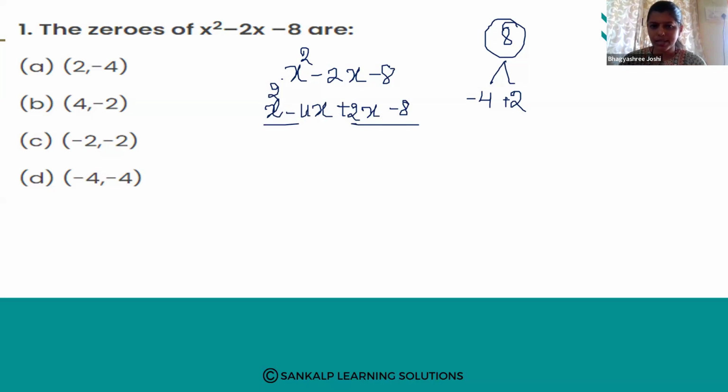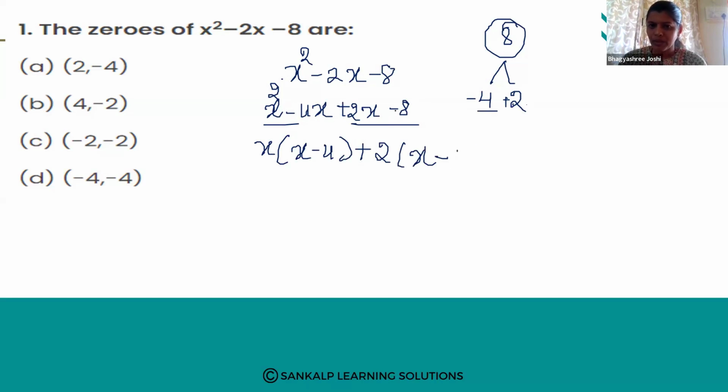So here x square is there, x is there, so x is common. Here x minus 4, plus 2x minus 8. 8 can be written as 4 into 2, that means here 2 is there, here 2 is there, therefore 2 is common. Already I have taken 2 common, then what are we left with?